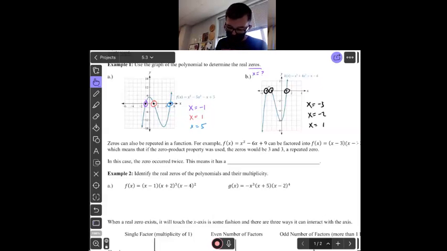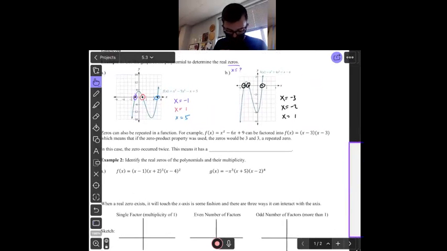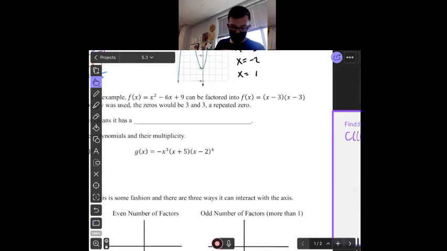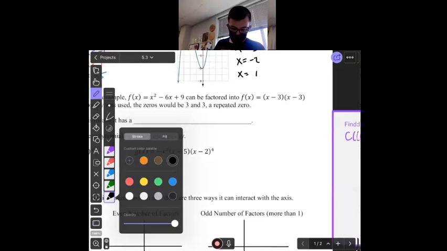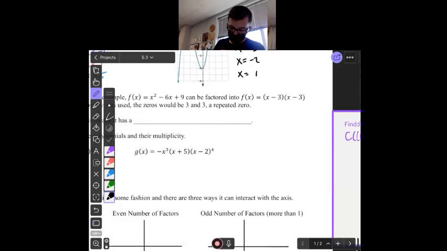All right. So next thing it says, zeros can be repeated in a function. Okay, so for this function, I want to sketch this real quick to help you guys see this. So if I sketch the graph, f of x equals x squared minus 6x plus 9.